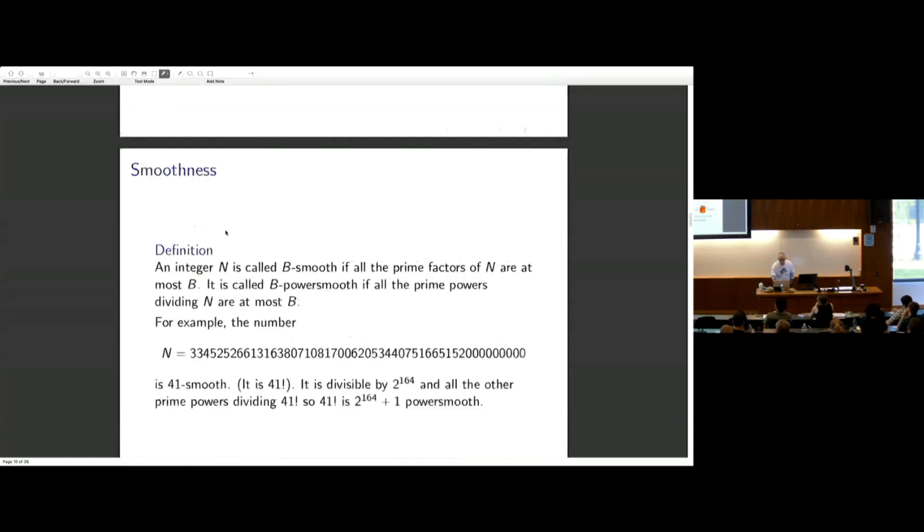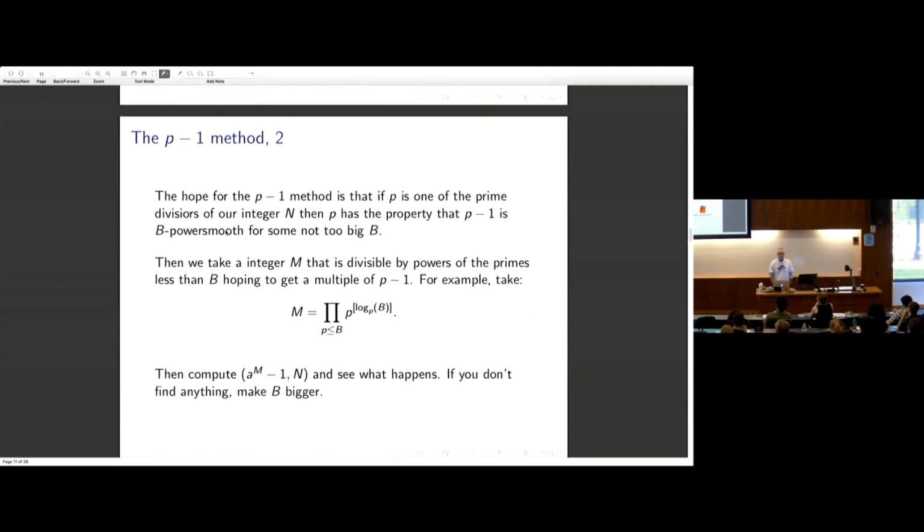So the p minus 1 method hopes that not only does n factor as p times q, but one of its factors has the property that p minus 1, for this unknown factor, so we're taking an unknown prime factor of n and looking at p minus 1 for it, is a smooth number.